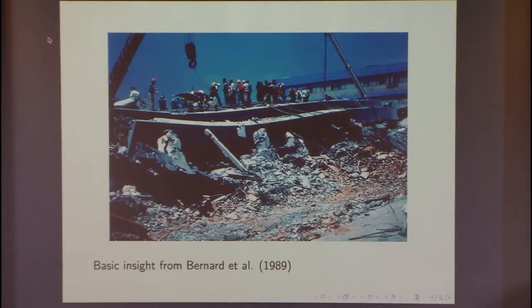So the original insight behind this method was developed by an anthropologist named Russ Bernard, who was in Mexico City in 1985 during the terrible earthquake that happened there. At the time of the earthquake, there were widely different measures of the number of people who had been killed. And it was particularly politically contentious because the government had been putting out lower estimates and other people had been putting out higher estimates, so no one really knew what was going on.